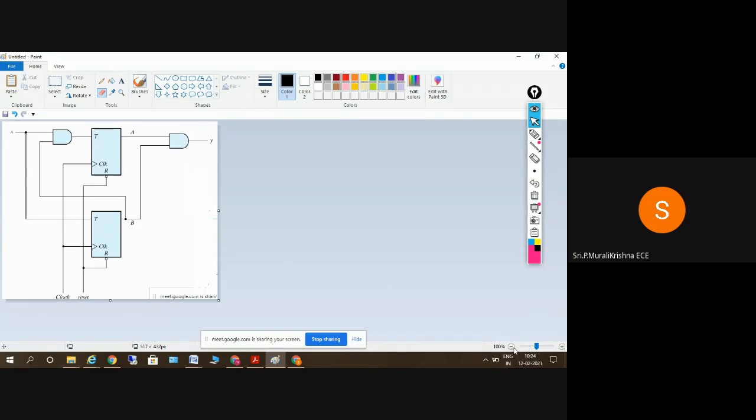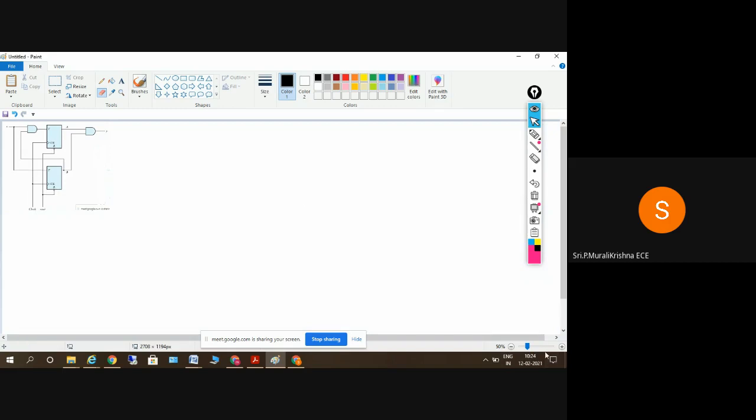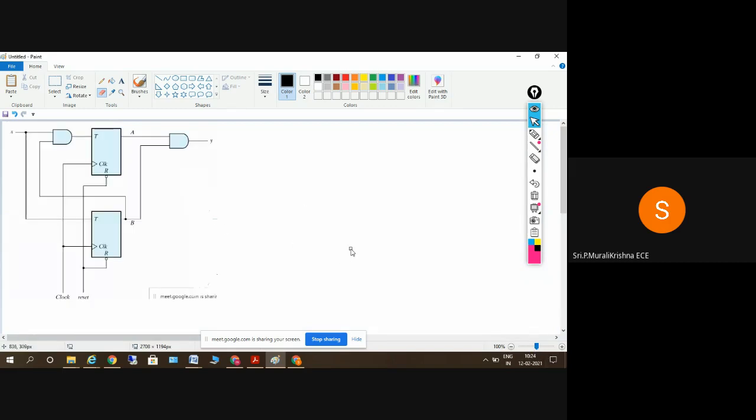Next one is analysis using T flip flops here. We'll see another method, which is the characteristic equation method.